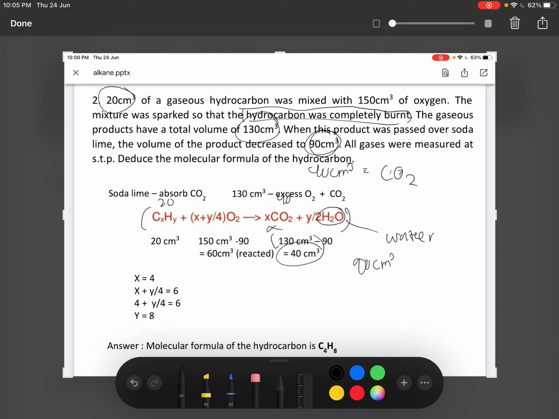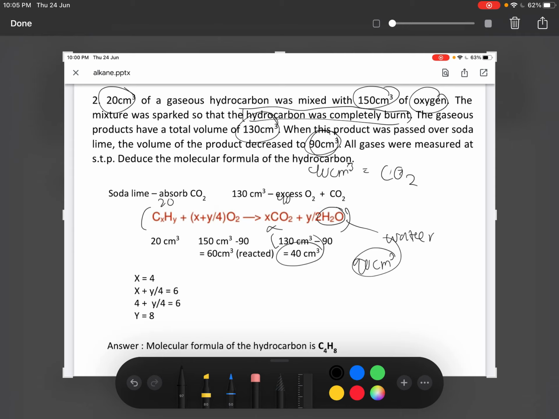So how do we find out how much is used in the reaction? We minus the number we had at first by the number we have now. So 150 minus 90 is 60. Remember, this 90 is the oxygen that we have left, because the oxygen is in excess. There are only two gases in the product, carbon dioxide and oxygen.